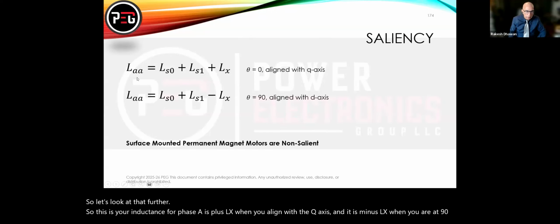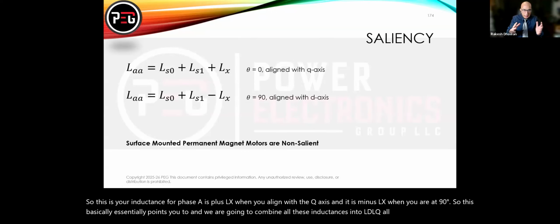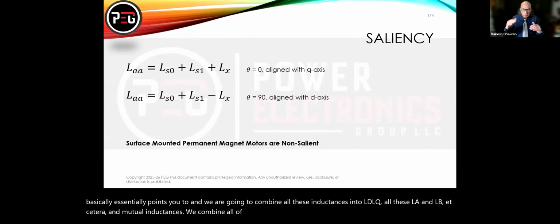So we're going to combine all these inductances, LA, LB, etc., and the mutual inductances, into simply LD and LQ so we can handle the math much more easily.